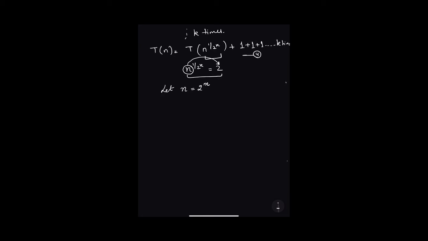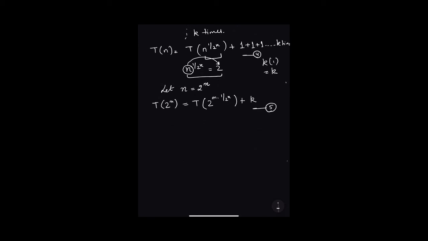So I was having 2, so I have said that let's suppose this n is equal to 2 raised to the power of m. So now my equation changes into T(2 raised to the power of m into 1 by 2 raised to the power of k) plus k. K into 1 is equal to k.